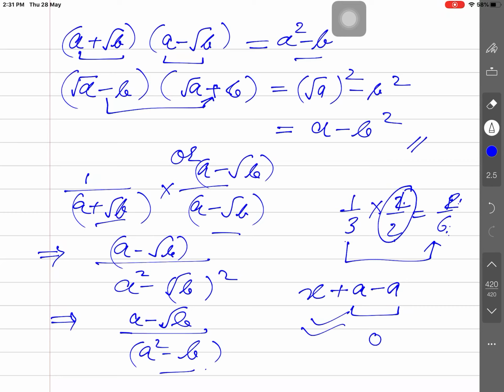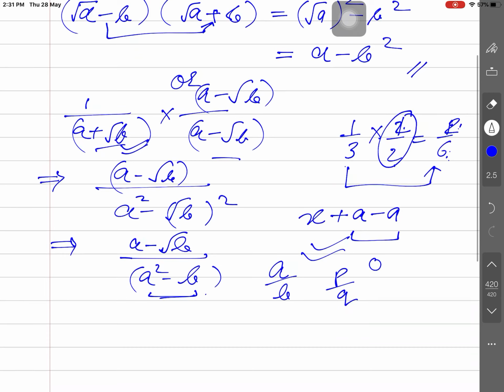Here the irrationality was with the denominator, so the whole denominator becomes rational, but the irrationality is now caused in the numerator. Is that clear? It means any rational or irrational number written in p by q form, that is numerator and denominator in fractional form, if you rationalize and make the denominator rational, then irrationality is caused in the numerator.